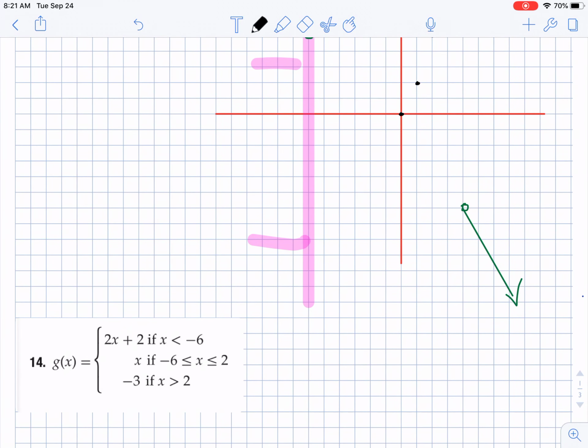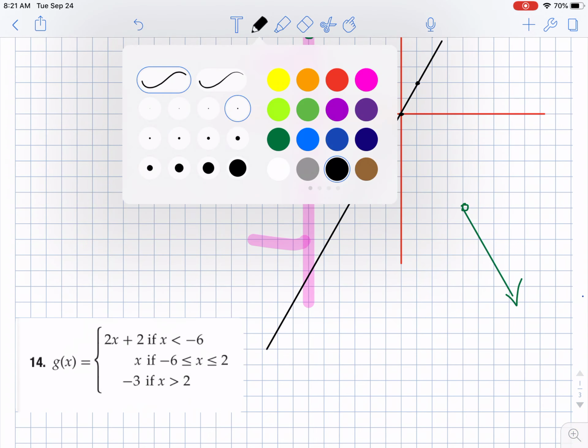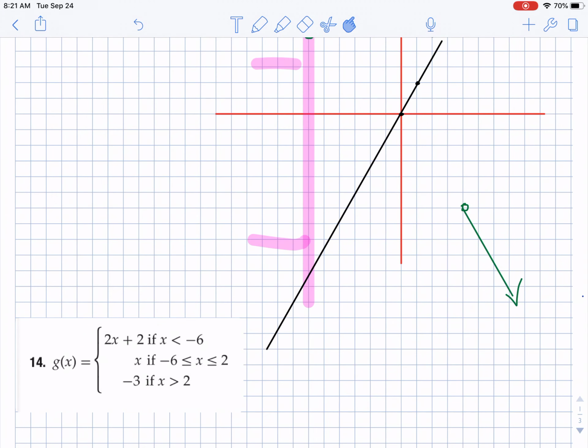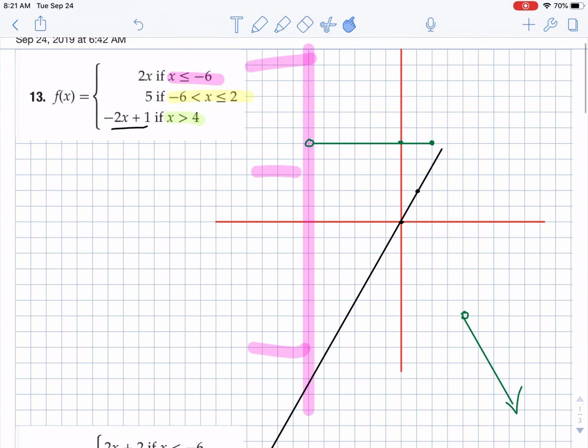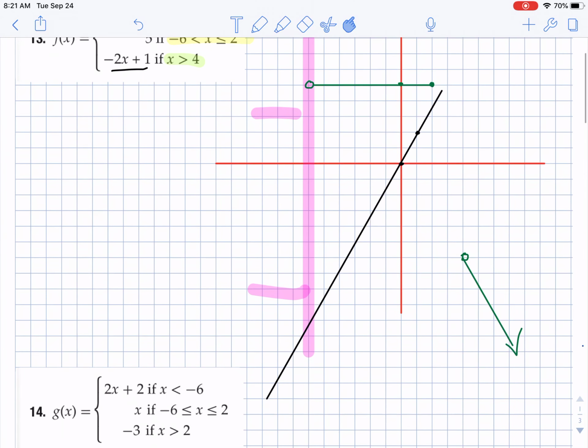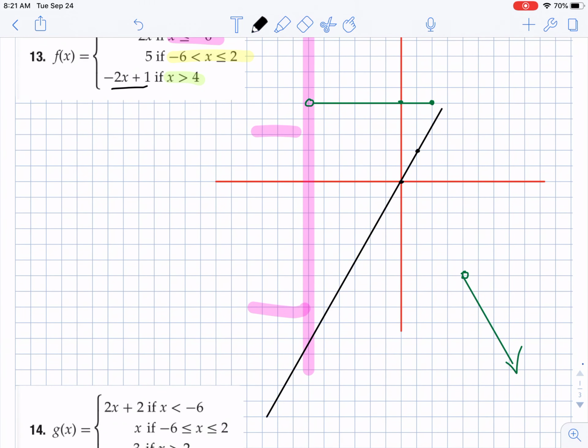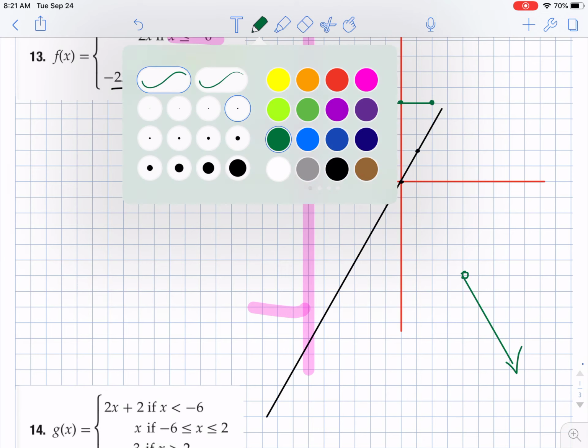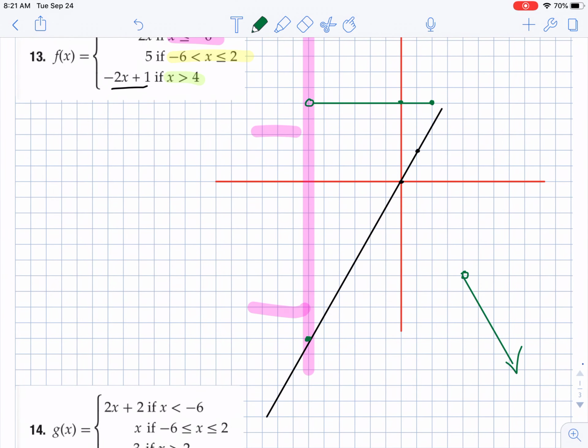And it's just going to go on the other graph, I guess. Let's do a better job with that. That's pretty good. And again, since I have y less than or equal to negative 6 as the boundary, which means I will have a closed circle on that boundary. So right there, it's closed.